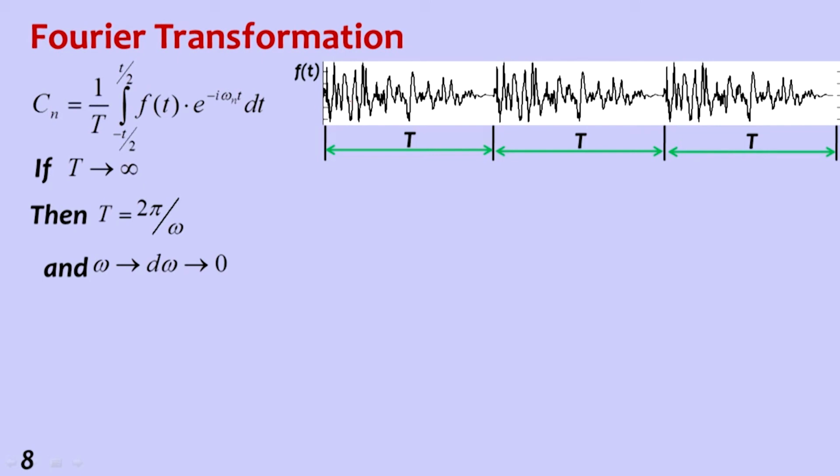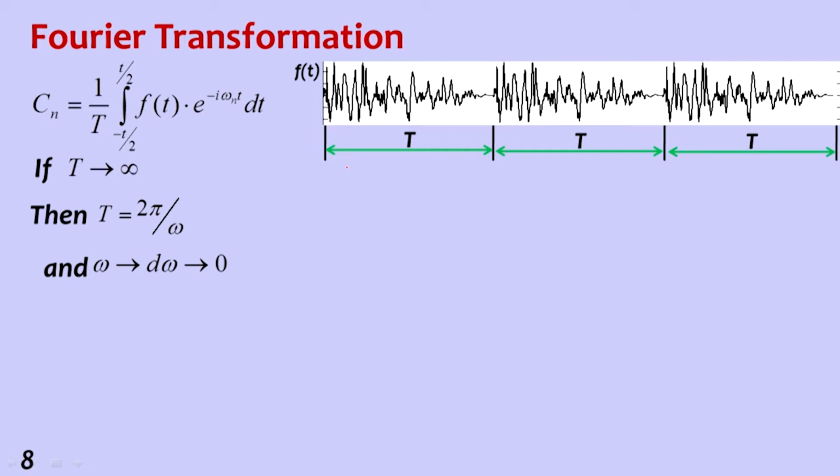Take an earthquake signal which is repeating after the entire signal period. Something like this is a random vibration and this is repeating after every cycle. When the total time tends to infinity, we can assume that each earthquake signal is continuously repeating. Then T is 2 pi by omega n.